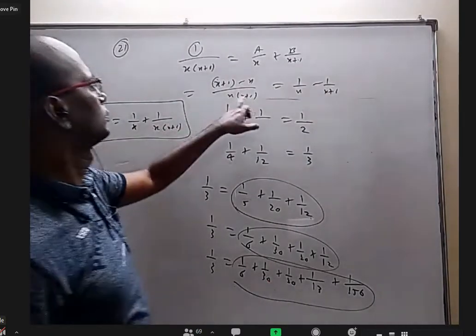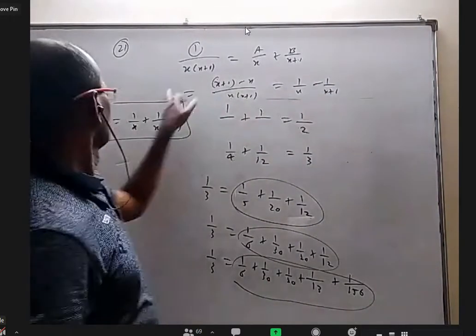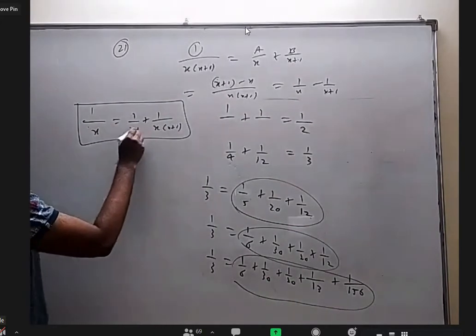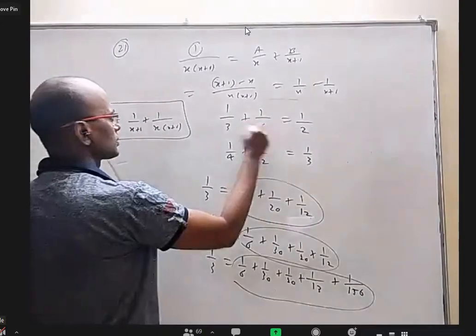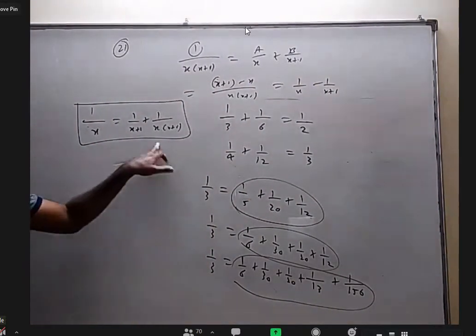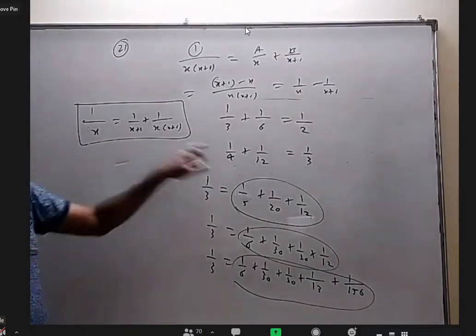Wrong there. Originally you wrote correct: this is x and this is x plus 1. So when it is 2, this is 3, this is good. I took x equal to 2, I got this. I took x equal to 3, I got this.